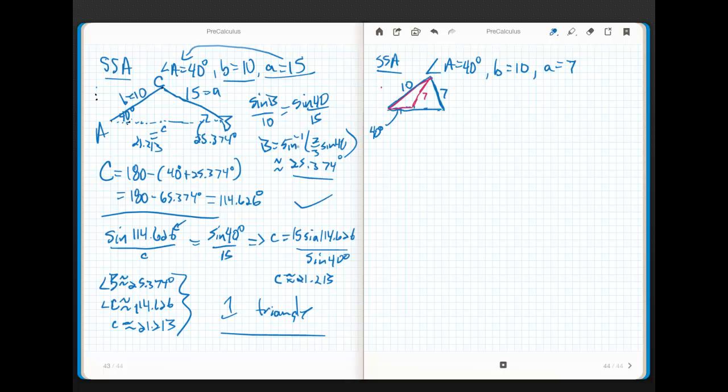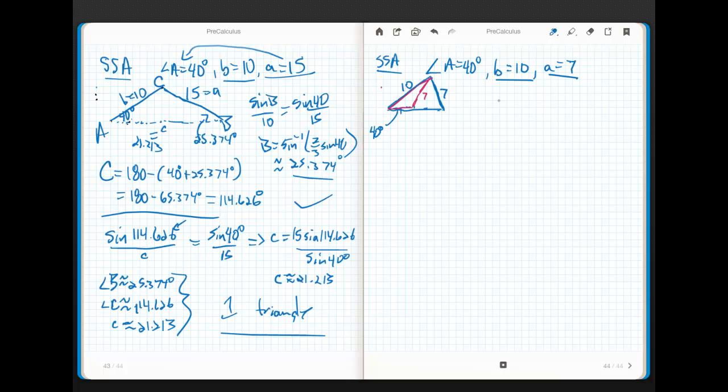That's crazy, isn't it? Now, the hard part here is recognizing what's really happening. First and foremost, do you notice that the side opposite the 40 degrees is shorter than the other side? So that makes my spidey sense tingle.